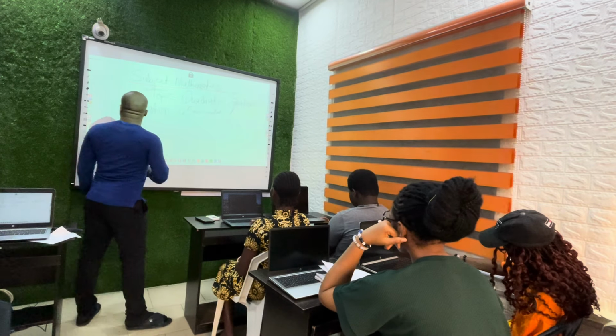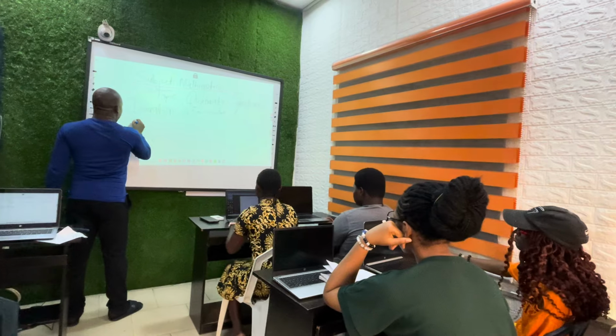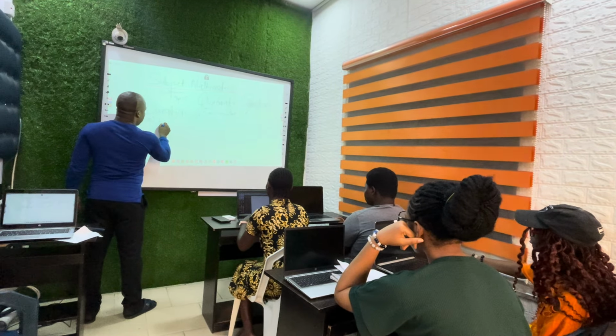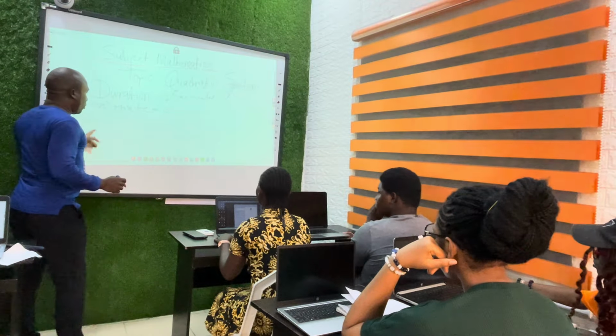So any equation of the form ax squared plus bx plus c equal to 0 is known as a quadratic equation. Any equation of the form ax squared plus bx plus c is equal to what? 0. If you see this kind of equation anywhere, it's called a quadratic equation.